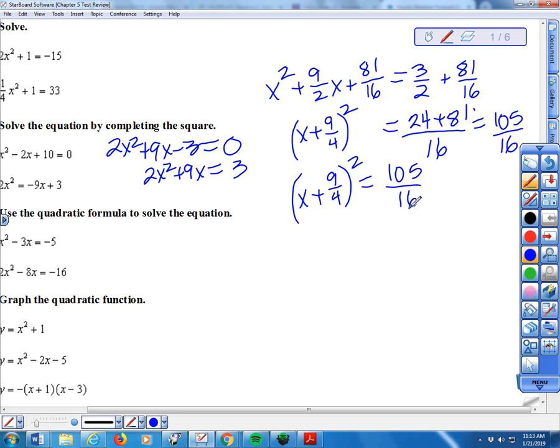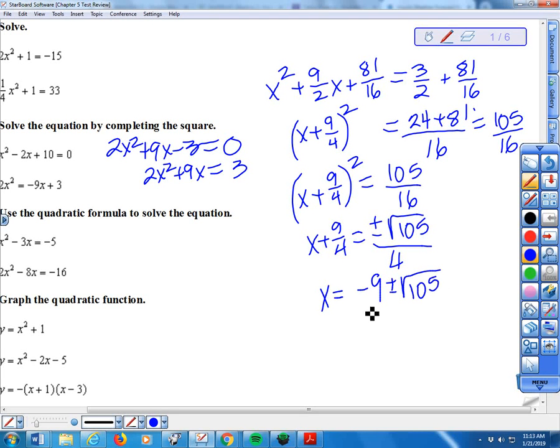Square root of both sides. Square root of 16 is 4. Then subtract 9/4. I don't think I can simplify 105.